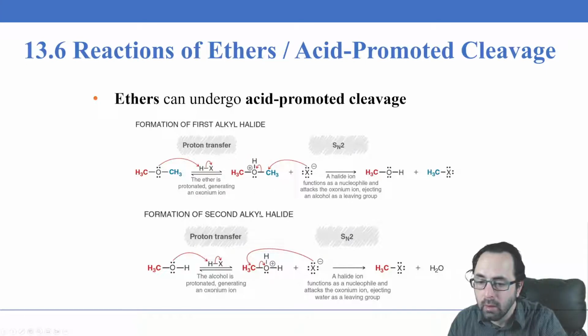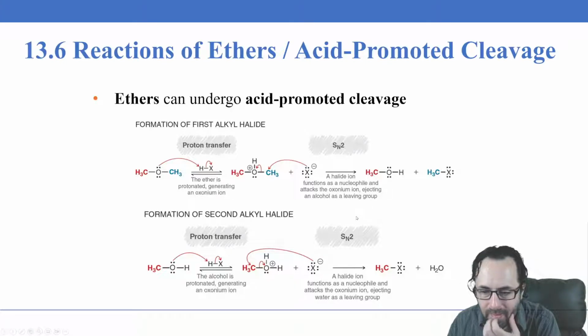At that point, the leaving group, or this methyl here, will leave. What will happen is you'll have the formation of a bond in an SN2 fashion with the halide ion, and then the electrons in the bond will be left behind here, and you'll have an alcohol.